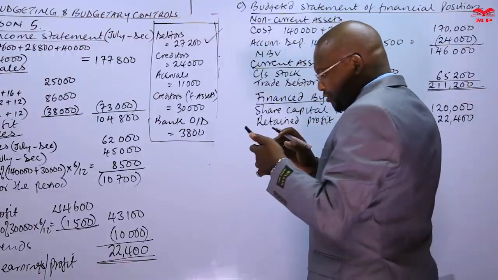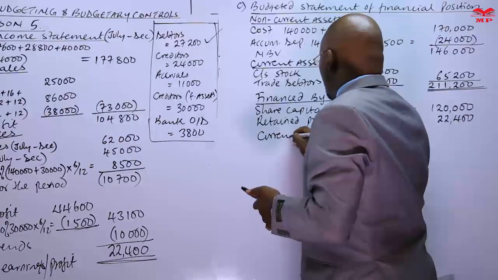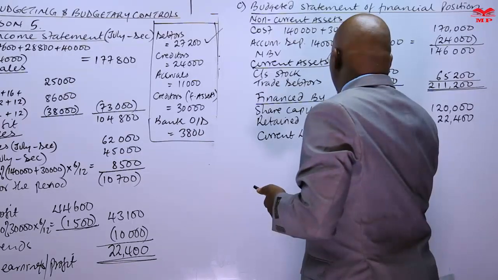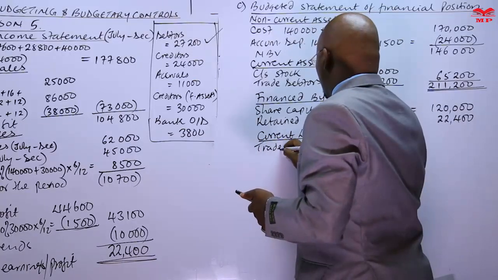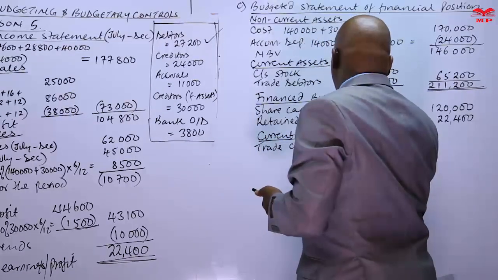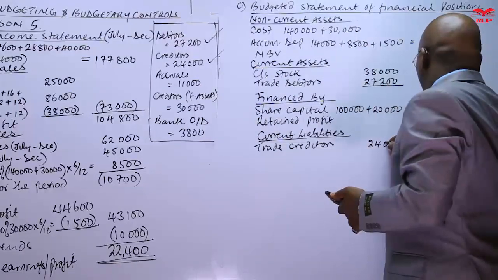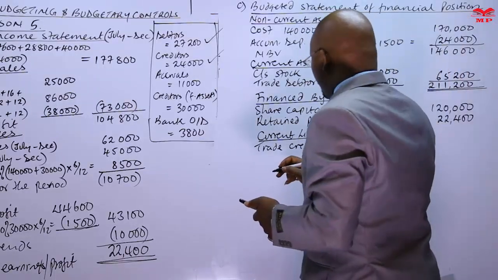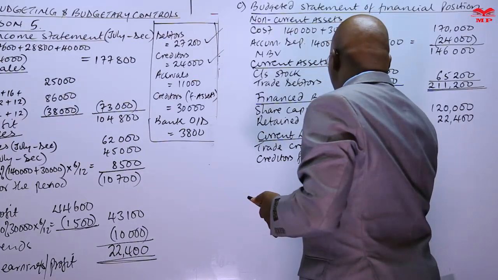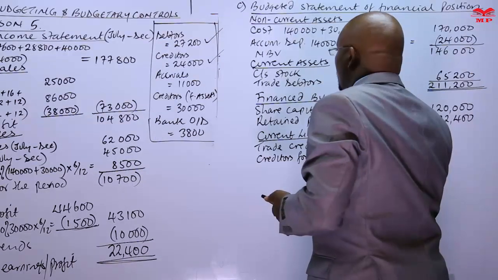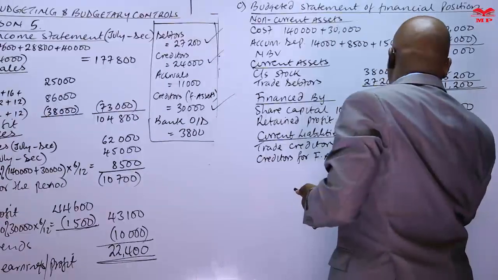So we can come to the current liabilities. We do have the trade creditors, which are 24,000. We do have the creditors for fixed assets, which is 30,000.